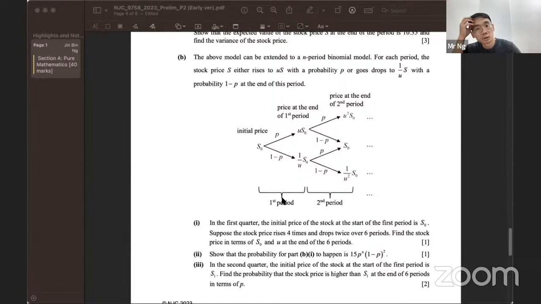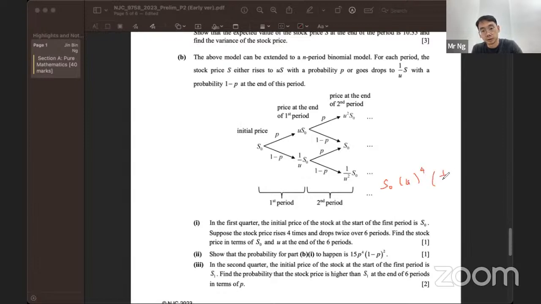The next is a standard M-period model. For each period, the stock price either rises or goes down. So it rises 4 times, so U, 4 times.